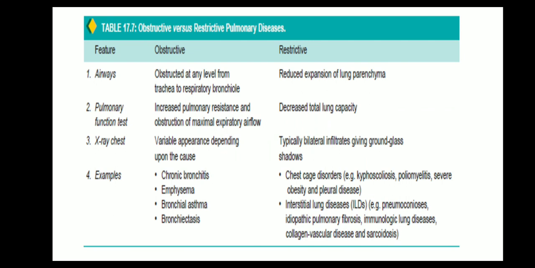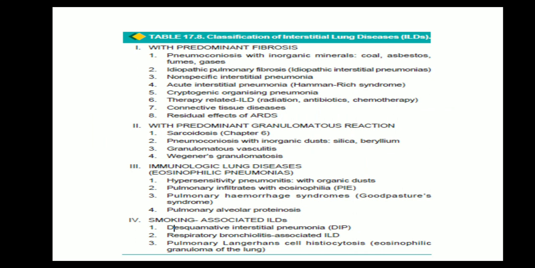Examples here are chest cage disorders, that is kyphoscoliosis, poliomyelitis, etc. Interstitial lung diseases including pneumoconiosis, idiopathic pulmonary fibrosis and immunological lung diseases, collagen vascular diseases and sarcoidosis. In interstitial lung diseases, we have those with predominant fibrosis, with predominant granulomatous reaction, immunological lung diseases and smoking associated interstitial lung diseases.